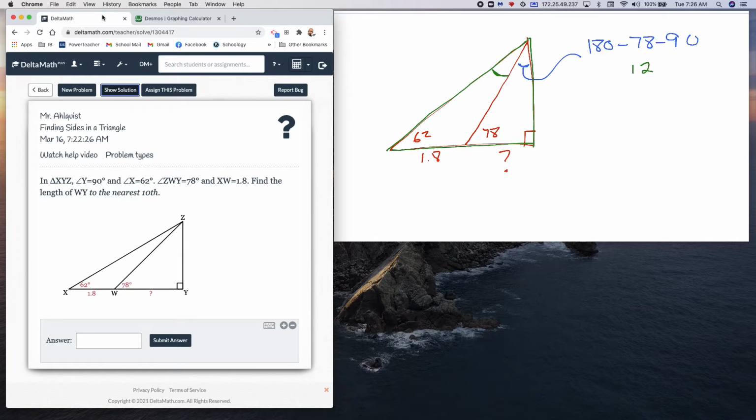So if I look at that big triangle right there, and I look at this whole thing right here, I can find that whole missing piece. I'll color it in a different color. So let me color it in pink. So if I wanted to find that piece, I could do 180 minus 62 minus 90.